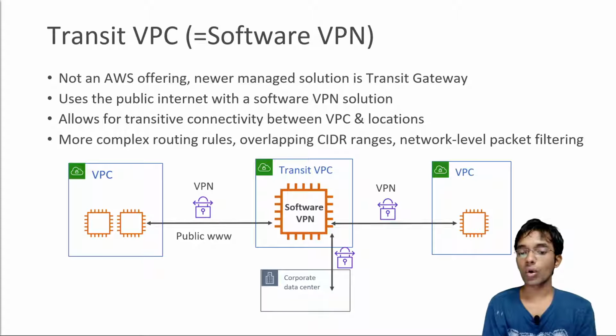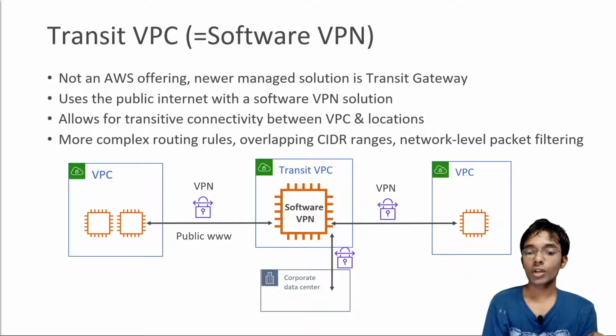You can even check overlapping CIDR ranges and make it work. You can even do network level packet filtering for implementing some higher level security. So with this transit VPC architecture, we have defined a software VPN between all our things going through the central transit VPC, and we have full control over all the network going through it.